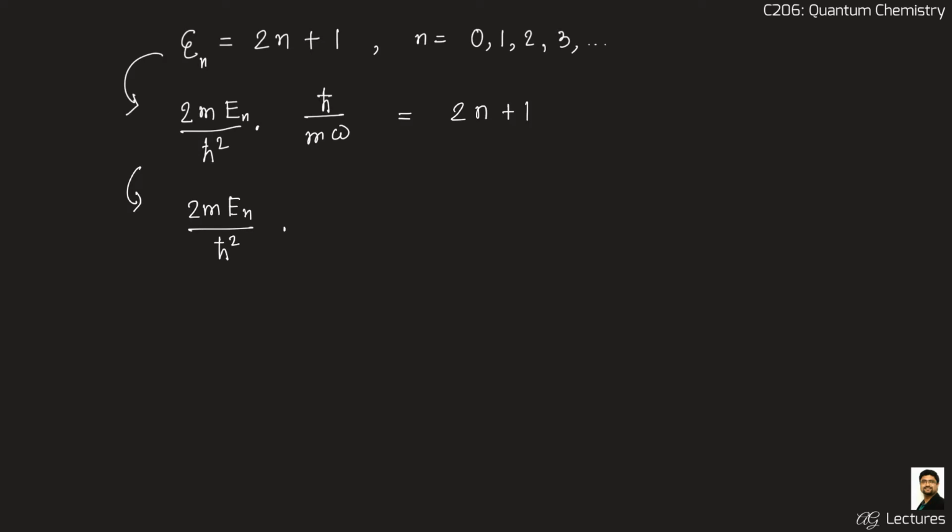I'm just going to write this omega as 2 pi nu, where nu is the linear frequency of oscillation, and the right hand side remains as 2n plus 1. If we just rewrite, this will give me En equal to n plus half times h nu.